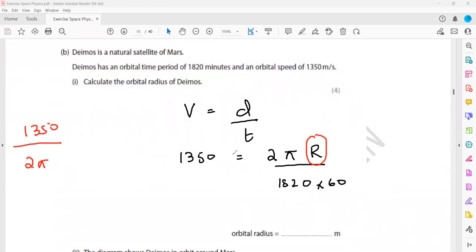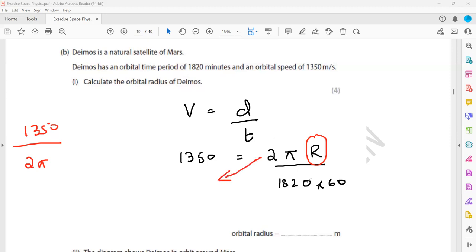And the same thing: this 2 pi is multiplied, that's why it is divided there.